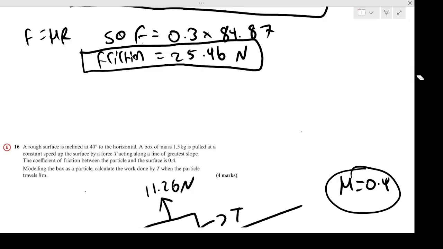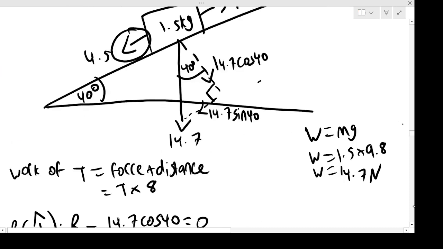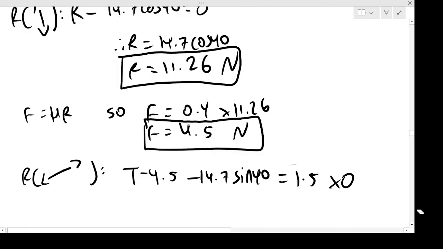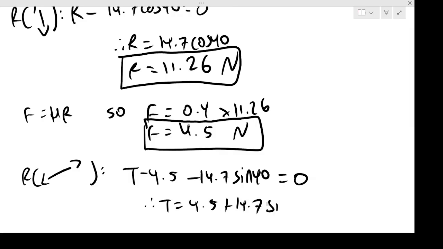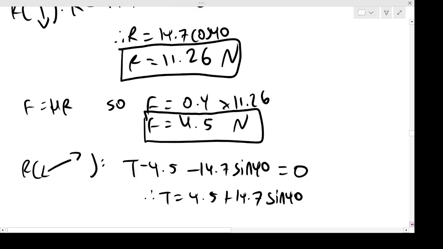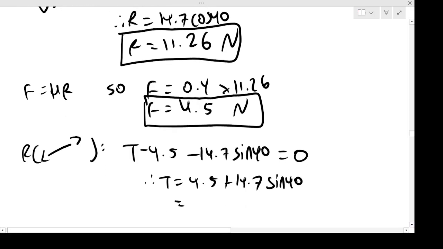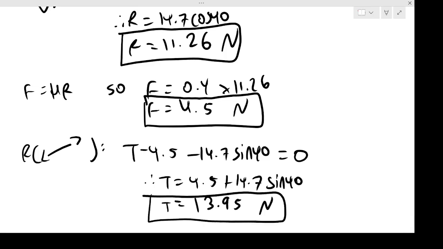That means there is no acceleration moving up the surface, so zero acceleration, and that times by 0 gives us 0. Therefore, T is 4.5 add 14.7 sine 40, and so that gets me 13.95 newtons.